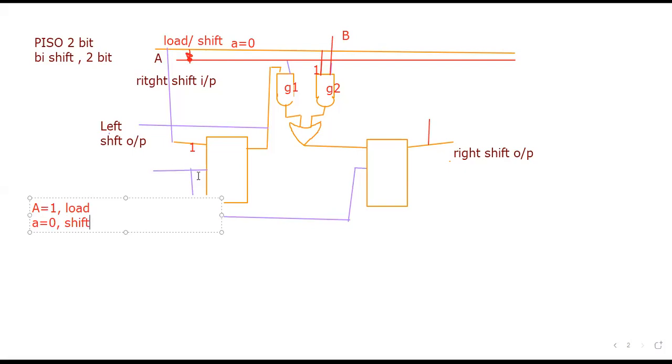Okay, so the data would be shifted to the next flip-flop. Again it is load, then both A and B would be loaded, and if it is 0, then from A the output would be transferred to the next one. So this is your load shift figure. Okay, it is known as a load shift or PISO.